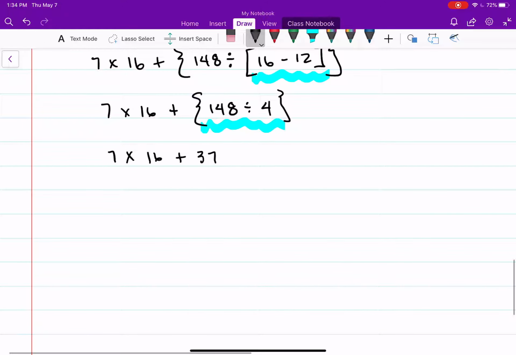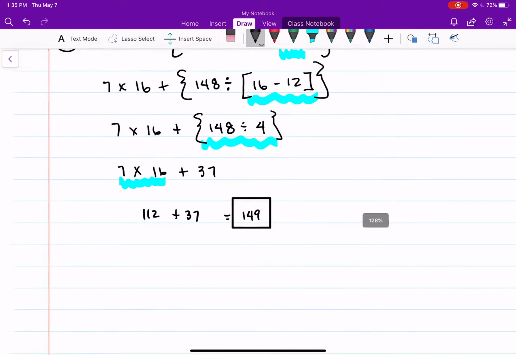All right. Now, when I look at the order of operations, I have to do multiplication and division first before I do addition and subtraction. So this is going to give me 7 times 16 plus 37, which is 149, my answer.